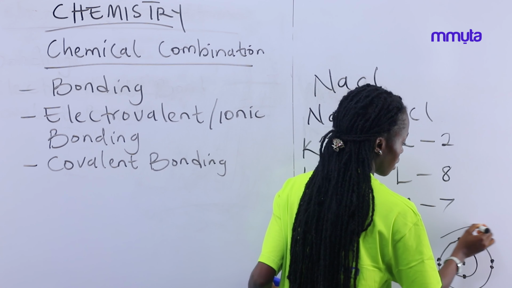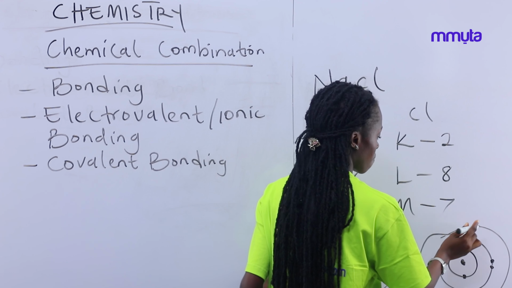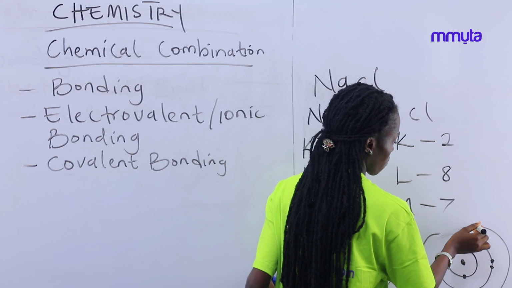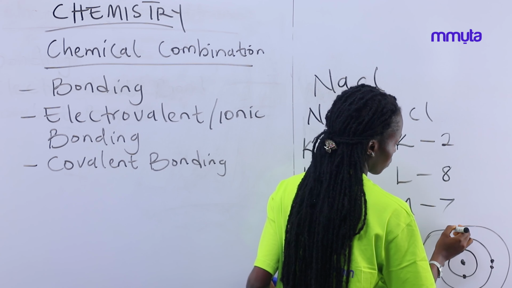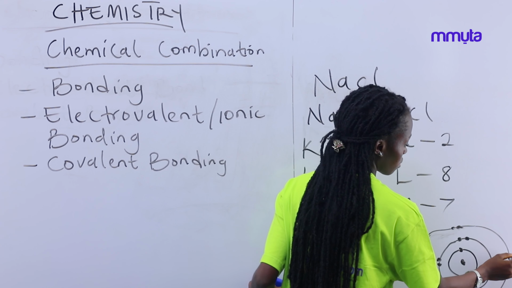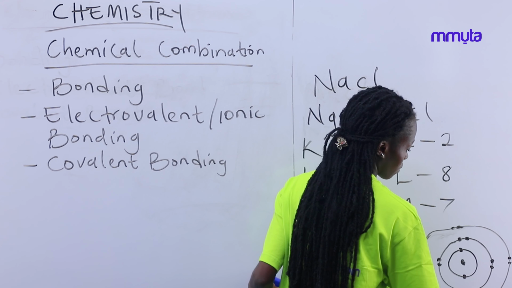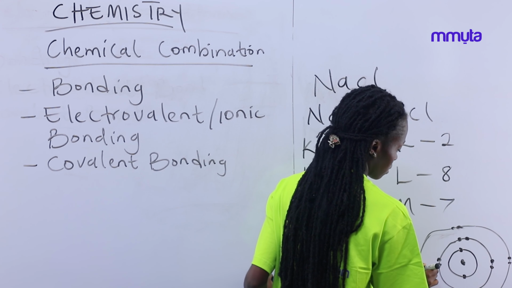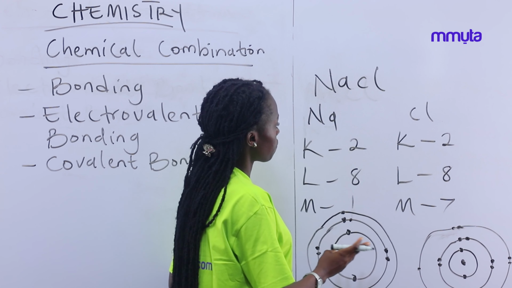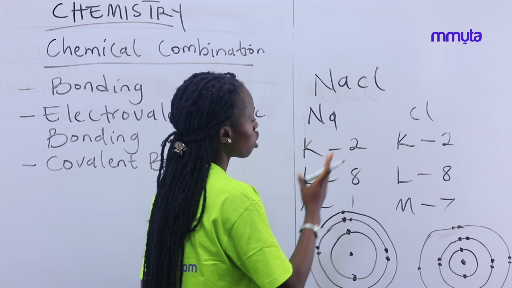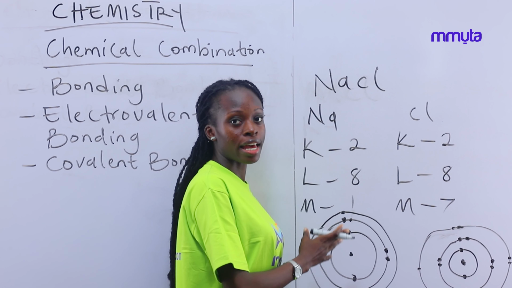And the M shell housing 7. Now this is the electronic configuration of sodium chloride. Now this is the first step you take.